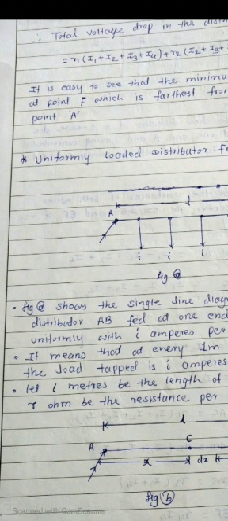The distributor AB is fed at one end, that end is A, where the feeding is done. We also observe in the diagram the points C and X and dx. So let's see one by one.